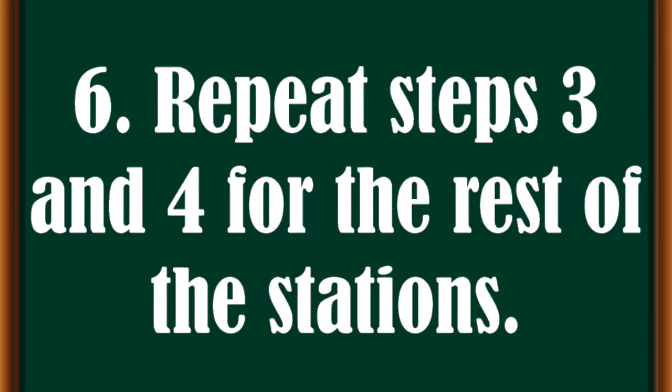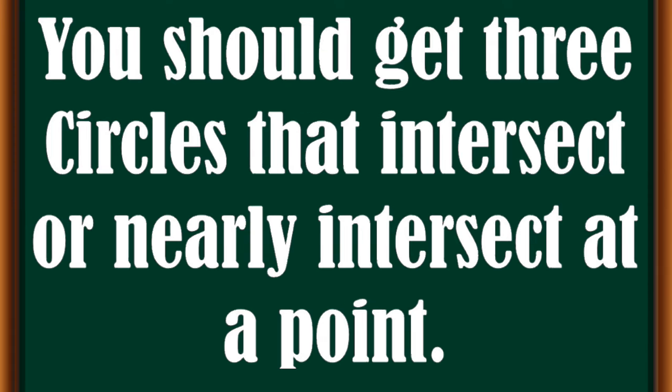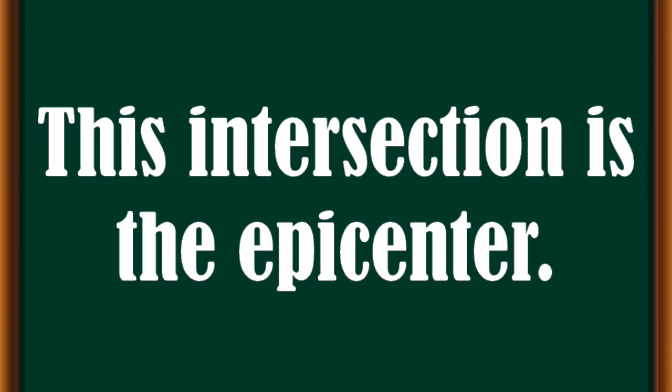Then, repeat steps 3 and 4 for the rest of the stations. You should get 3 circles that intersect or nearly intersect at a point. This intersection is the epicenter.